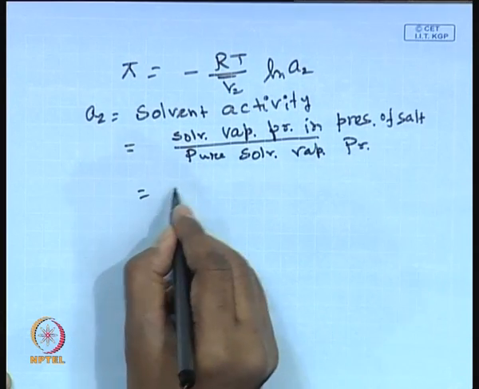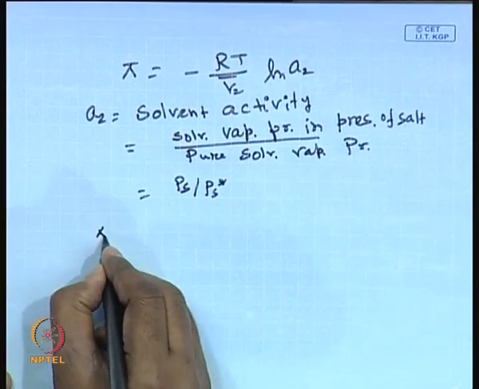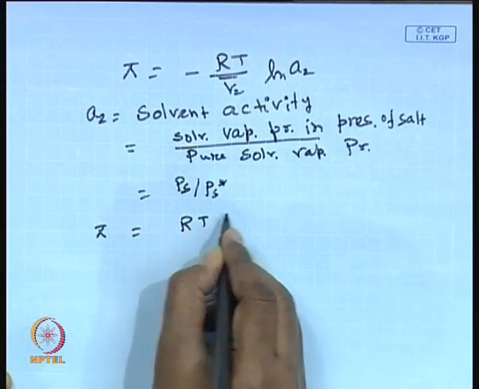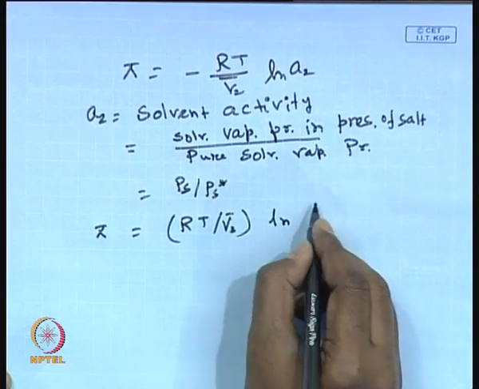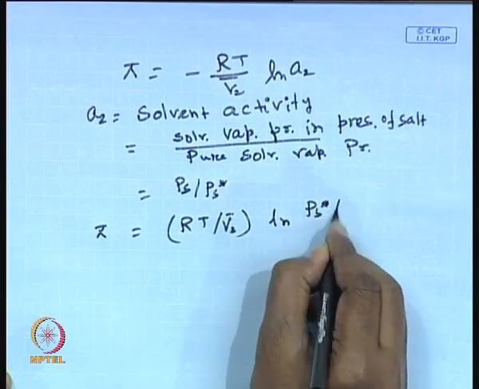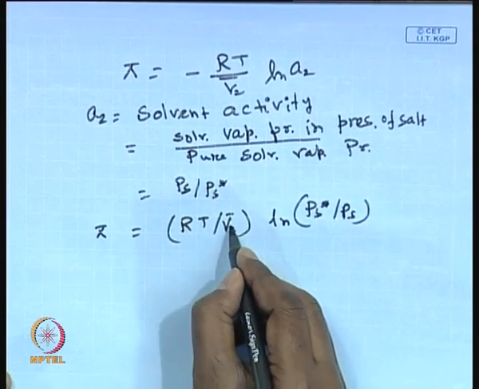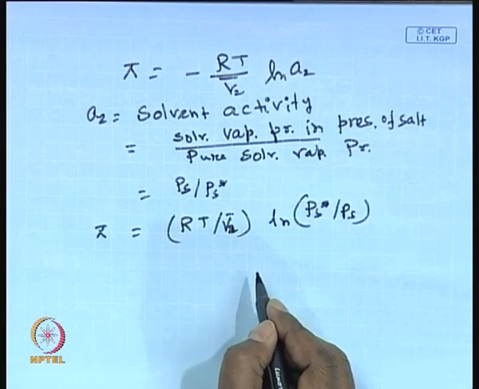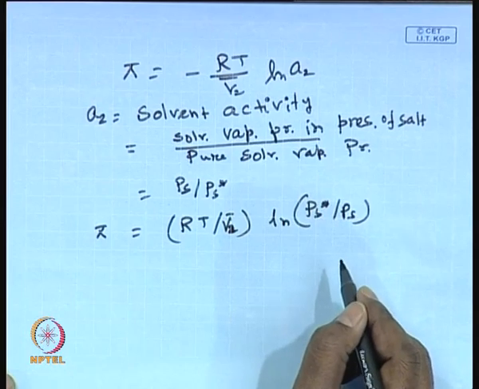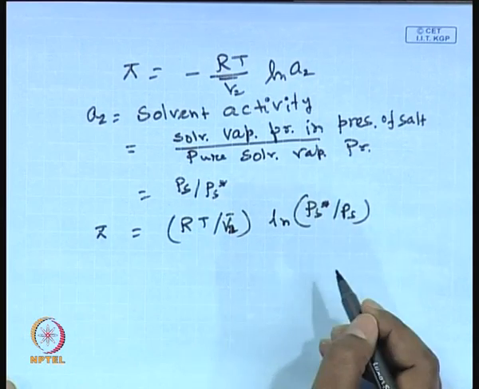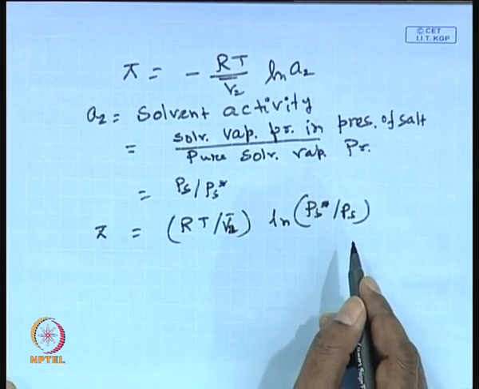So, you will be having Ps divided by Ps star, and pi becomes RT by V2 bar ln Ps star by Ps. Now, it is not always desirable, or you will not always get the data of solvent vapor pressure in presence of salt and pure solvent vapor pressure at different temperatures, and it will entirely depend on the salt concentration, and so on and so forth.